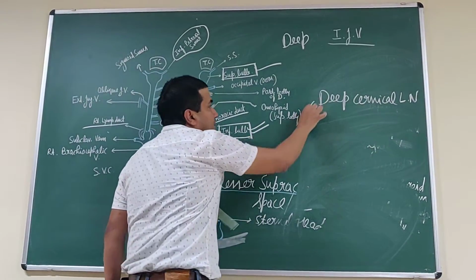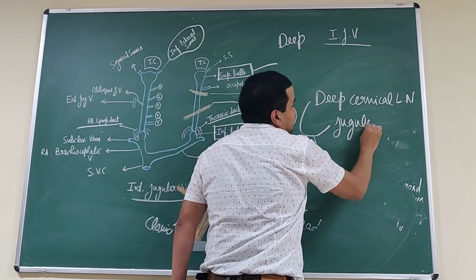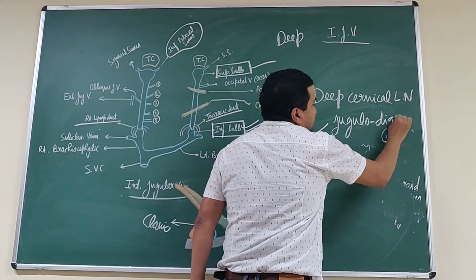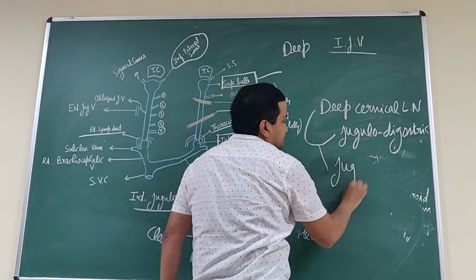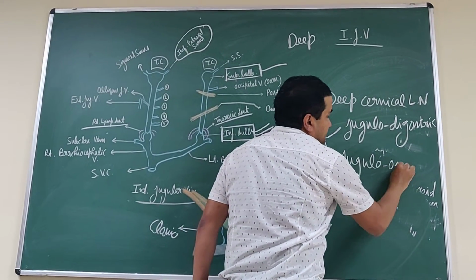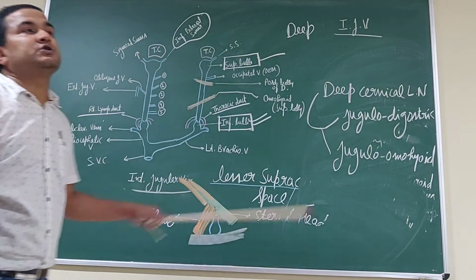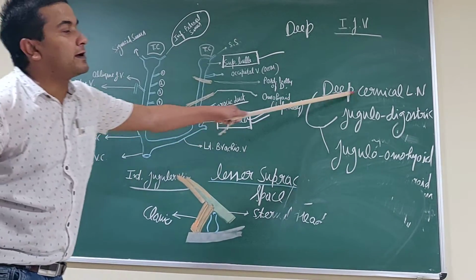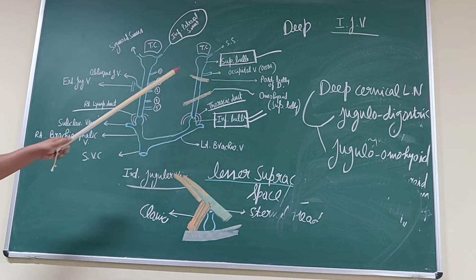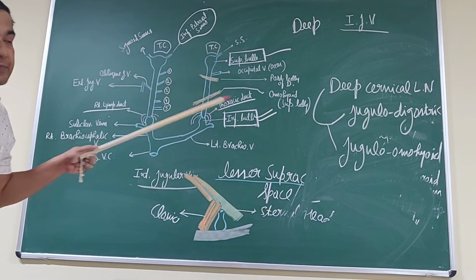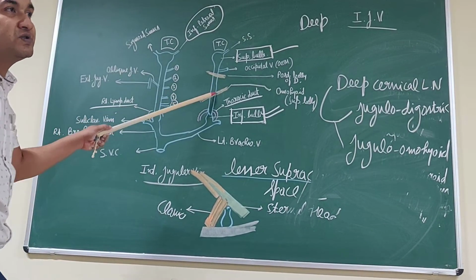These are divided into two categories: the jugulodigastric and the jugulo-omohyoid lymph nodes. They are present around the internal jugular vein. Some are embedded in the carotid sheath and some are present deep to the carotid sheath along the internal jugular vein.